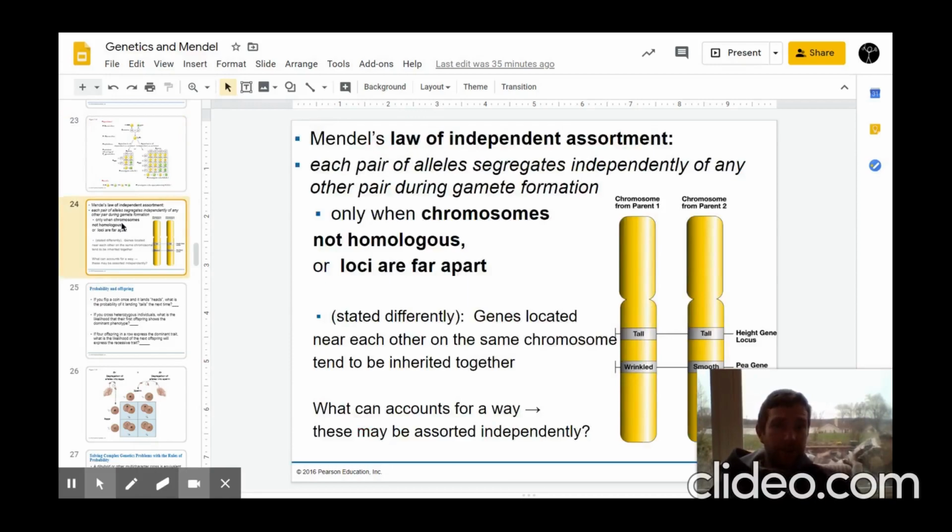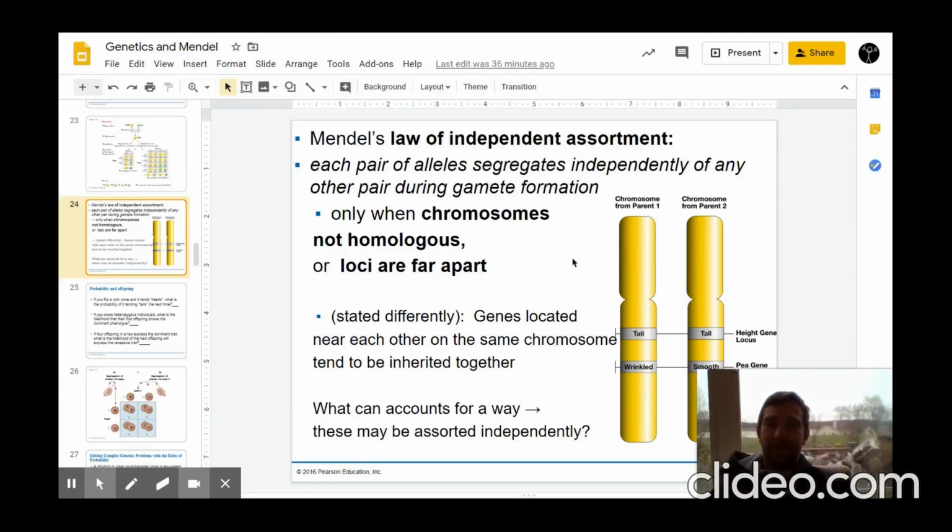So in terms of independent assortment, things are truly independently assorted if their traits are on different chromosomes. So if the particular loci for these are on, say, chromosome number 1 and chromosome number 6, they're going to get independently assorted during what part of cell division?